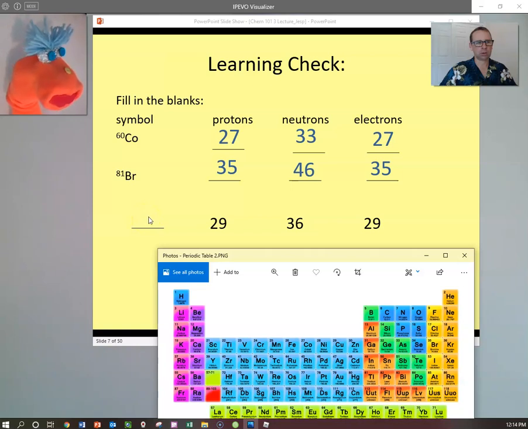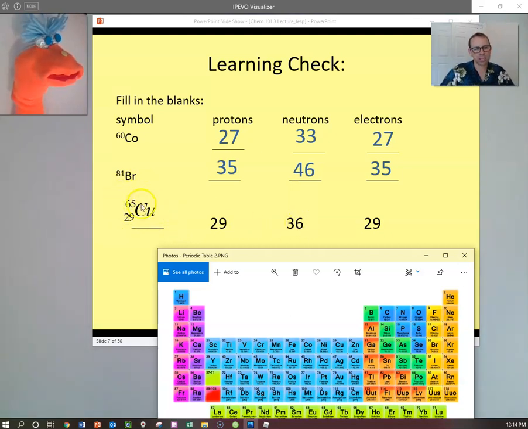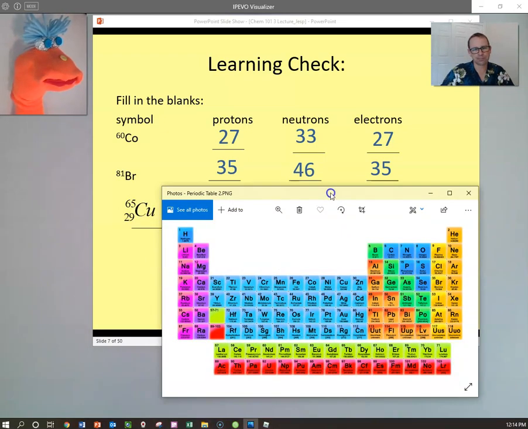No, you're going to call it copper 29 plus 36, so copper 65. Sorry, 29 plus 36 is 65, right? Copper 65. So 65 is the sum between the protons and neutrons.